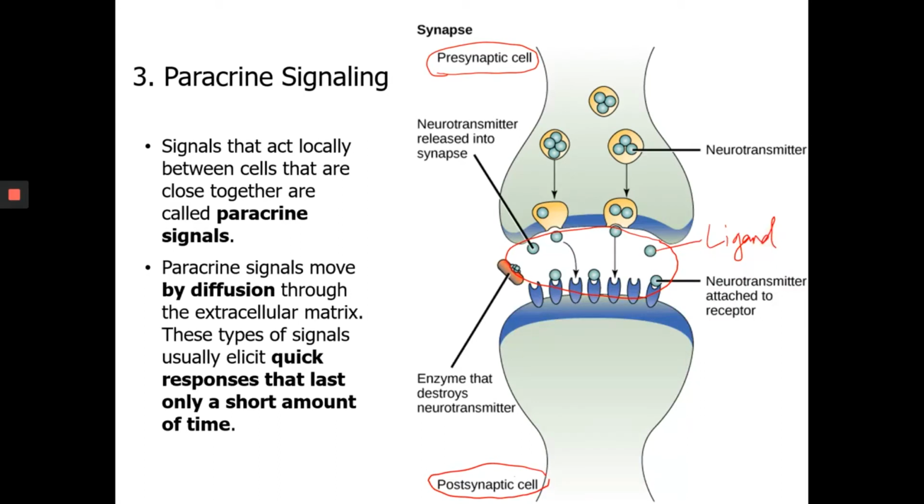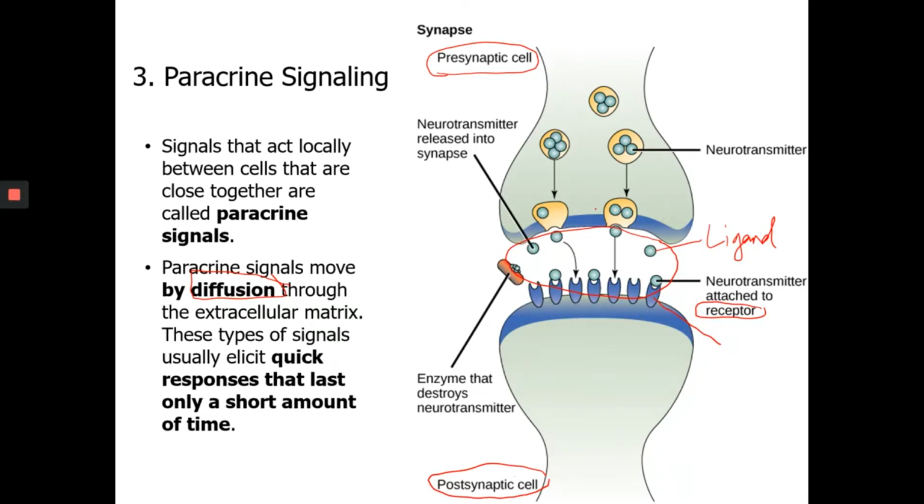All right. Now on the target cell, you have these receptors. Remember, these are proteins that are going to receive the ligand. So basically, they're going to bind to the ligand. Or more accurately, the ligands are going to move and bind to the receptors. The ligands are going to go through this space by diffusion. Remember diffusion from high concentration area to a lower concentration area.